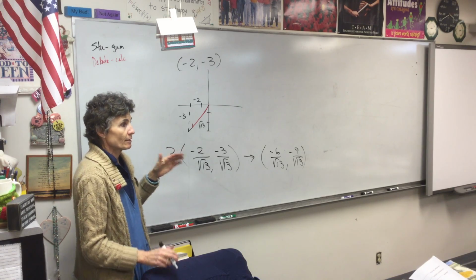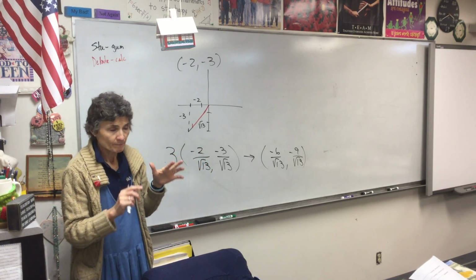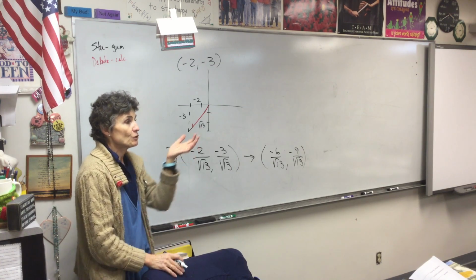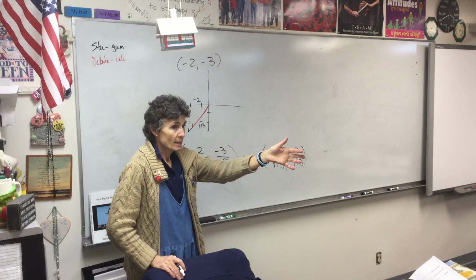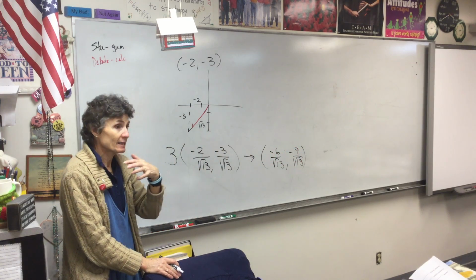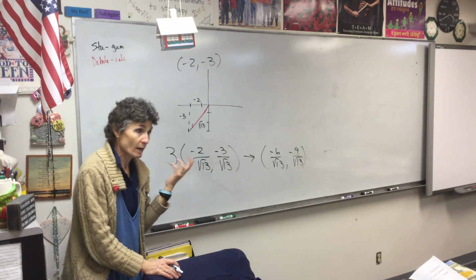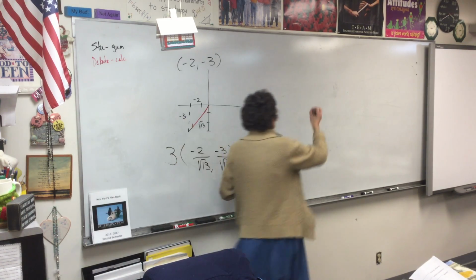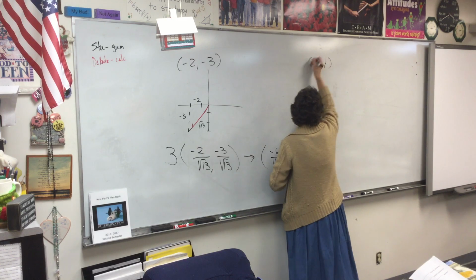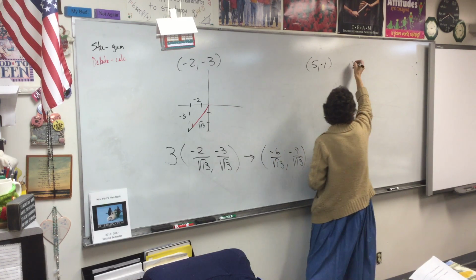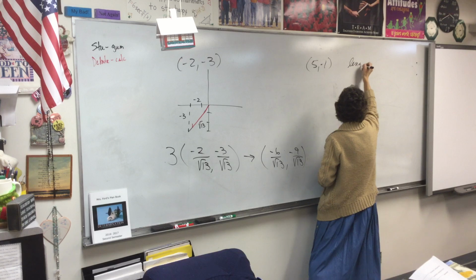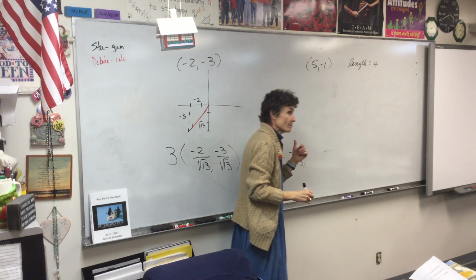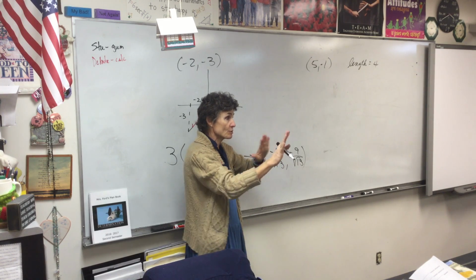So basically here, if you can open your minds and really think about this for a second, I can give you any vector, and you can give me one back in any length you want, right? If I give you some random vector like 5, -1, and I say I want the vector whose length is 4 in the same direction as this one, what are you going to do first? It's a 2-step process.